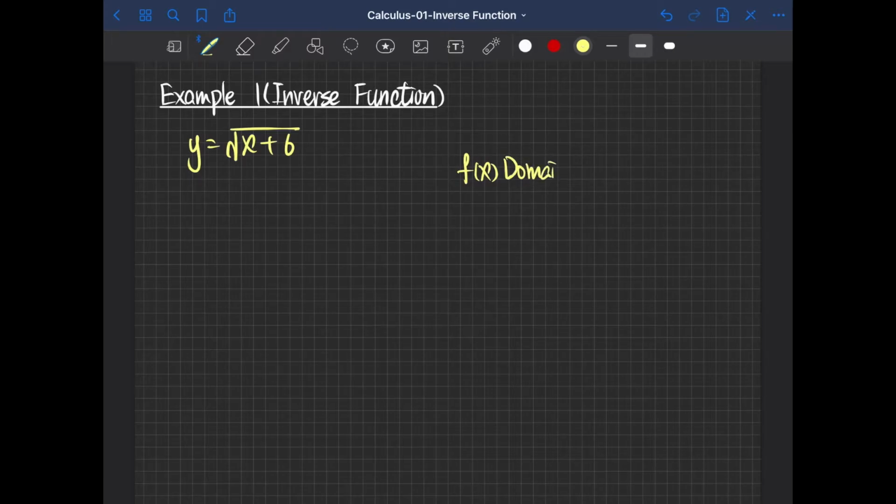If we want to solve the domain of this function, we need to do the inequality x plus 6 is greater than or equal to 0, because the value inside the square root can't be negative. It only exists as 0 or positive in the real numbers.